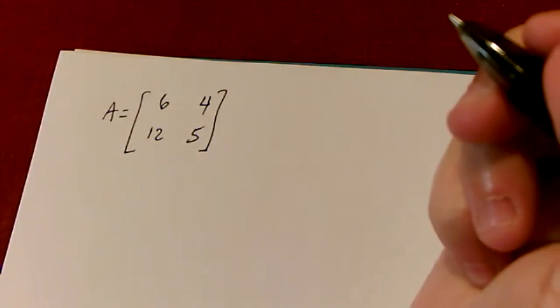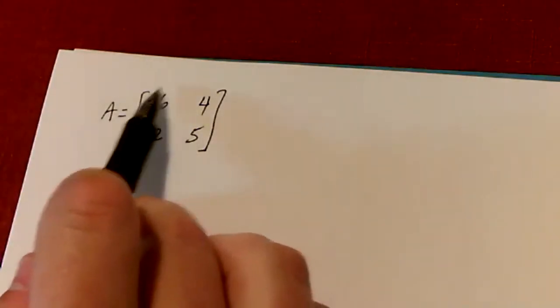All right, so we're going to start with a pretty simple 2 by 2 matrix. We call it A, because we aren't super original in our naming. It's going to be 6, 12, 4, 5. A nice, fairly simple matrix. Now, many times we like to go through and scale to get a 1 here.